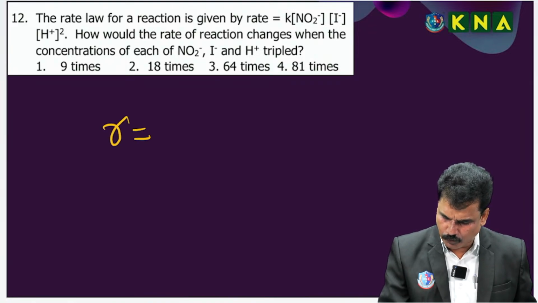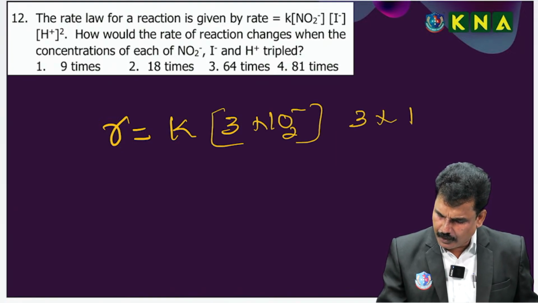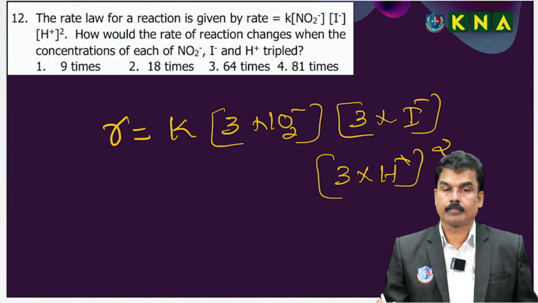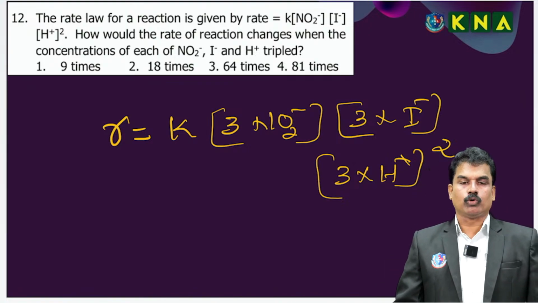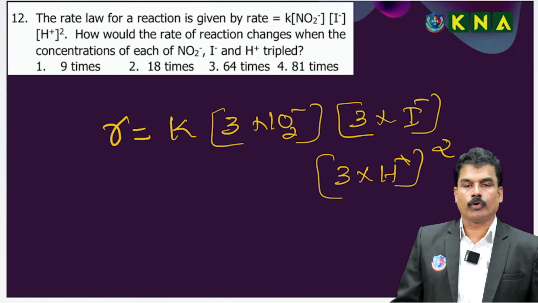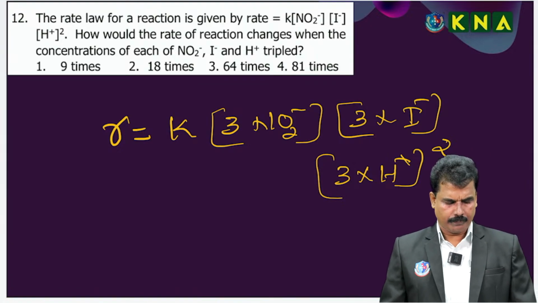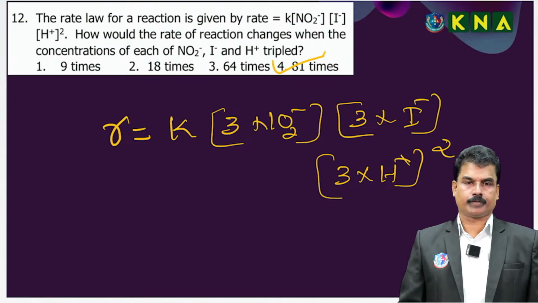Rate is equal to K into 3 into NO2 minus, then 3 into I minus and 3 into H plus the whole square. So the rate is increased by 3 square into 3 into 3. 3 square is 9, 9 into 3 is 27, 27 into 3 is 81. So the answer is 81. Fourth option will be the correct option.